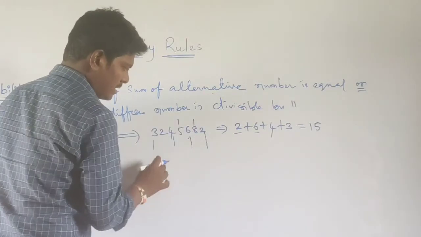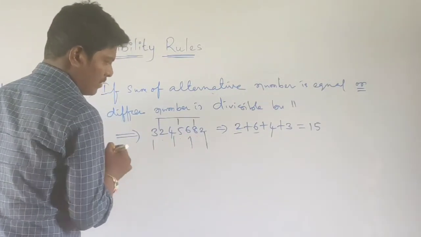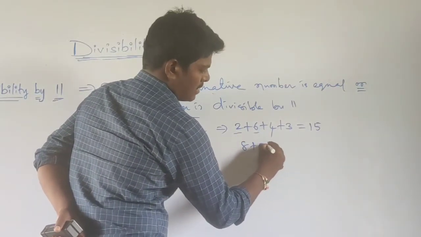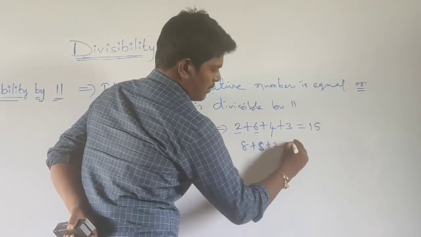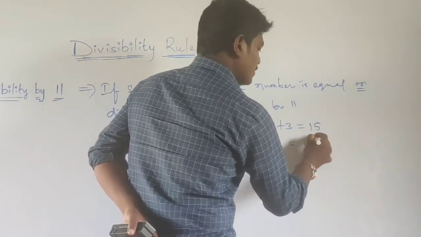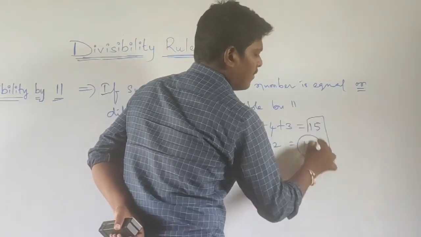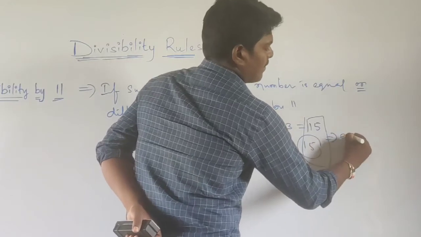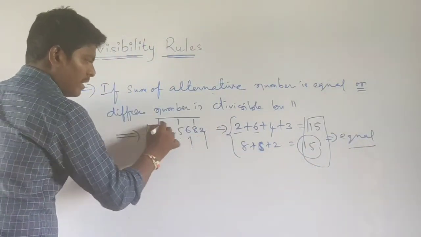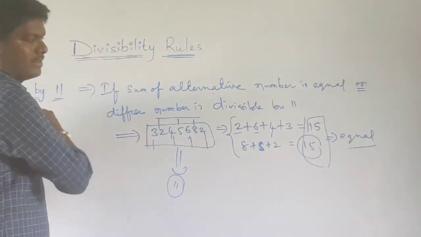And we take another set of alternative numbers, 8, 5, 2. 8 plus 5 is 13, 13 plus 2 is 15. So the sums of the alternative numbers are equal, so the given number is divisible by 11.